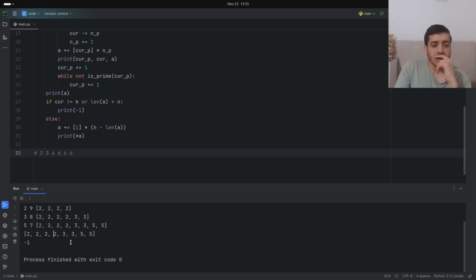It's not acceptable. So why not remove a 2 and then add a 3? So it's like 2 2 2 then 3.